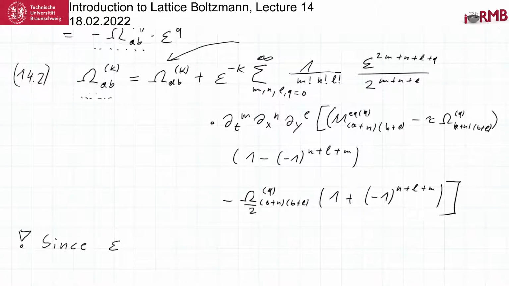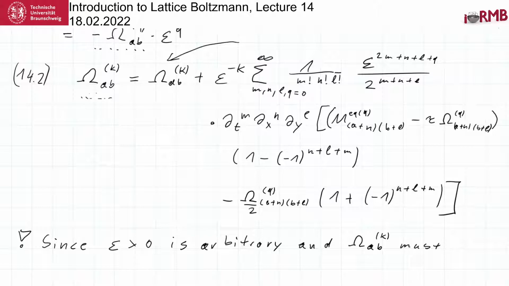Since epsilon is larger than 0 and is arbitrary, we can equate coefficients, and this means that omega AB must not depend on epsilon.